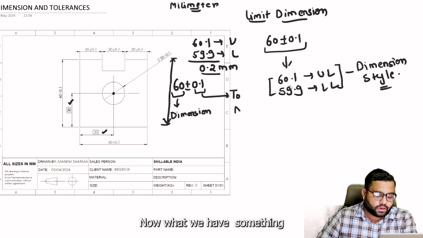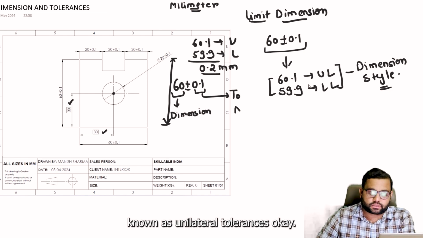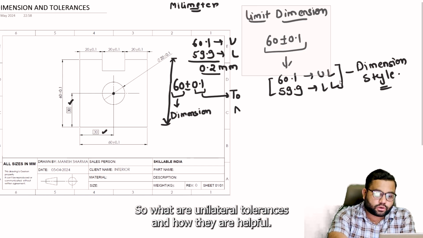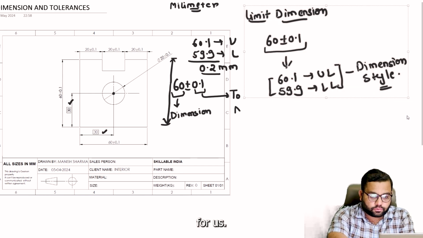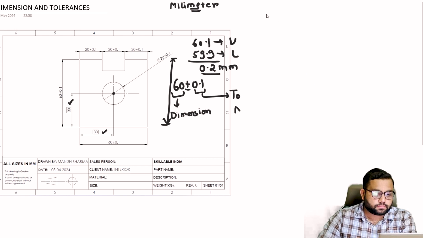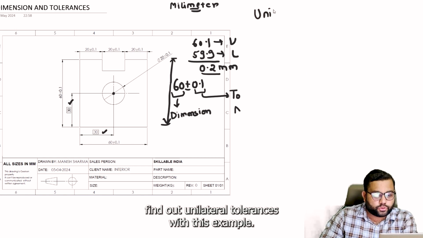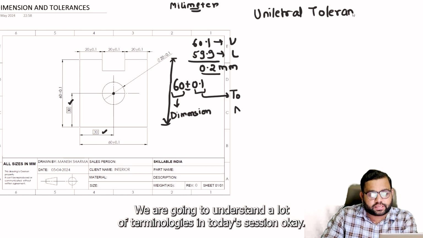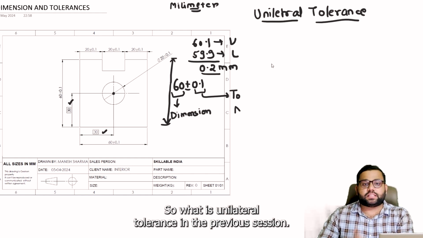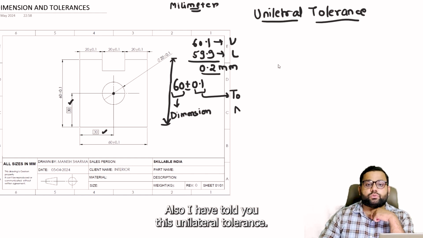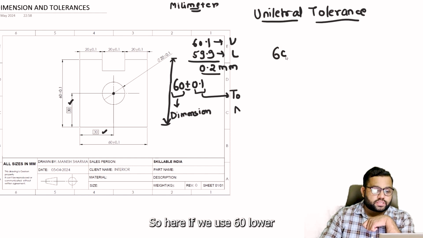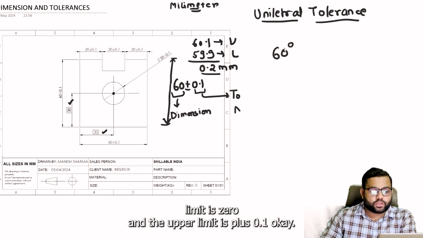Now we have something known as unilateral tolerances. What are unilateral tolerances and how are they helpful for us? We are going to understand a lot of terminologies in today's session with this example. In the previous session I also told you about unilateral tolerance. Here, if we use 60, the lower limit is 0 and the upper limit is plus 0.1 mm.